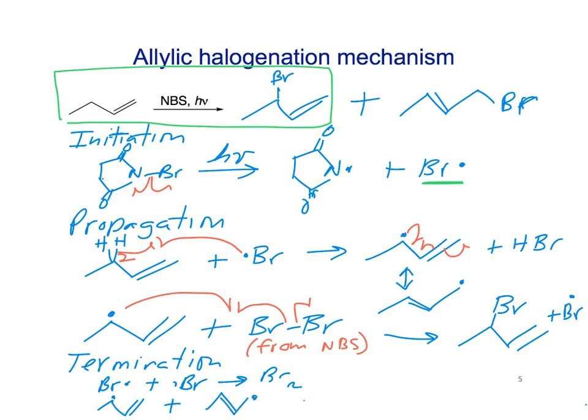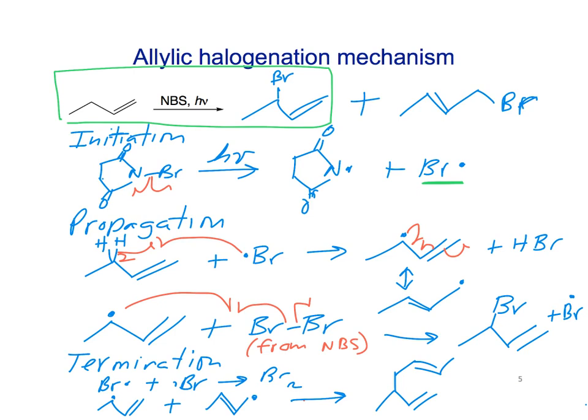We'll combine the secondary position of the allylic radical with the primary end. If I can do this without getting too confused, I'm getting too fancy here. There's the end and here. So it forms something like this. Or we could combine a bromine radical with one of these other ones. These are just a couple of the possible ways.